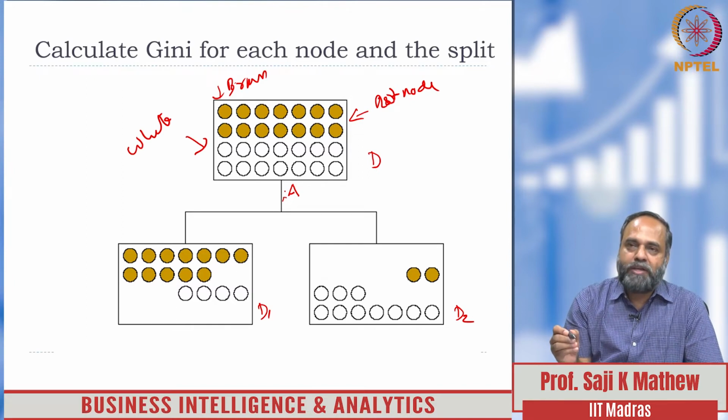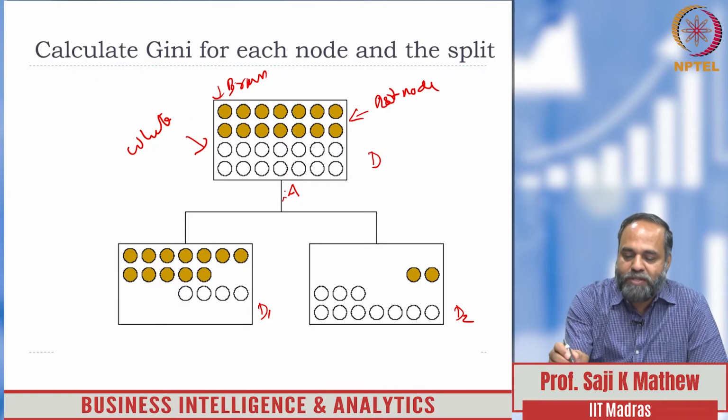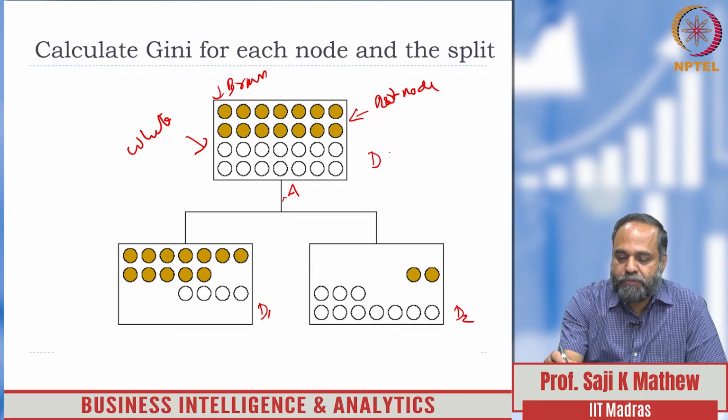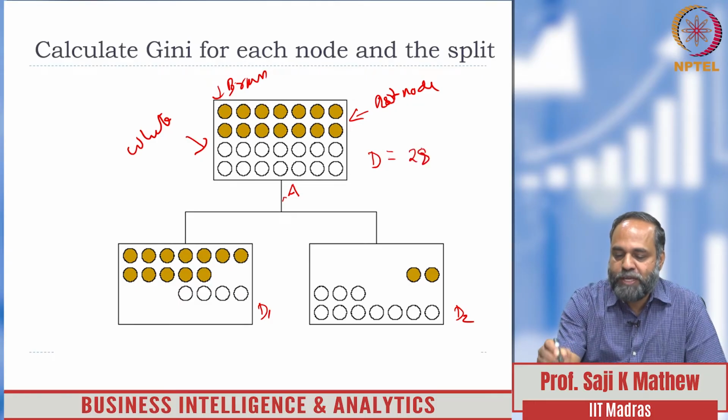Now in order to do that, one of the first things that we can do is to look at the sizes. So what is the size of the root node? This is 7 into 4 which is equal to 28.